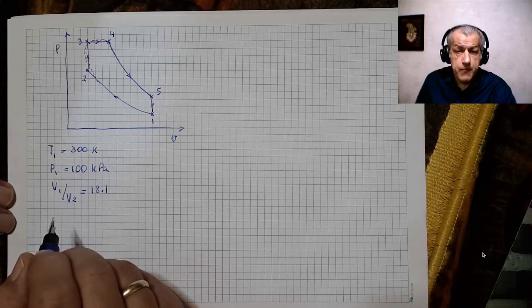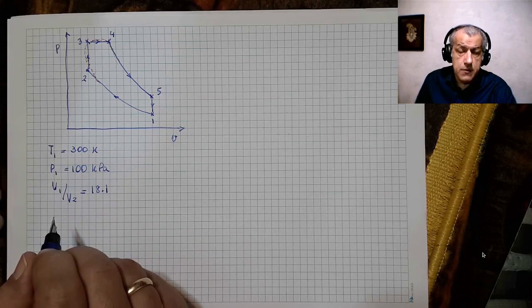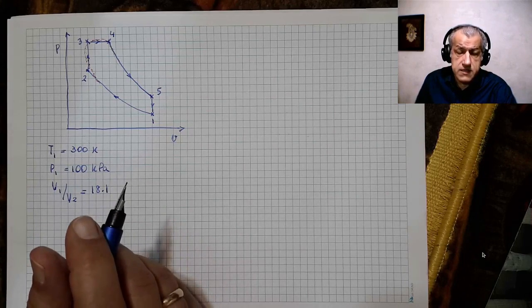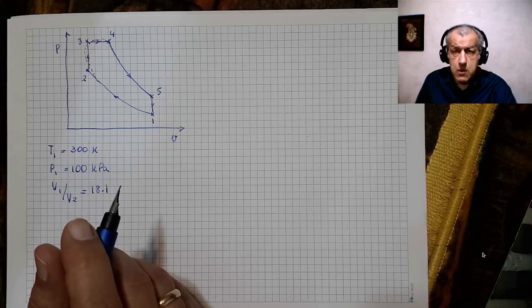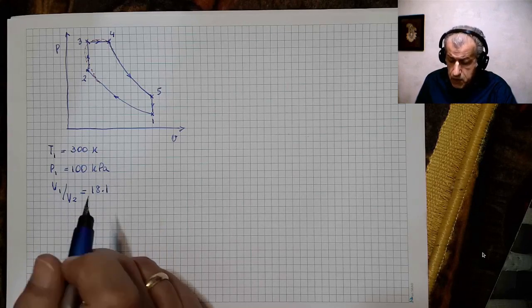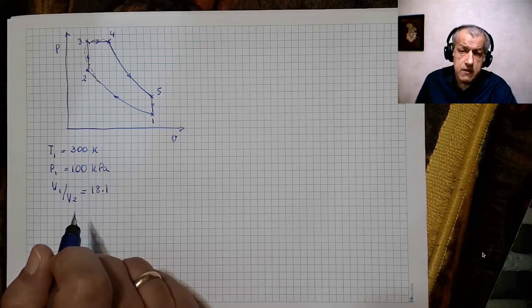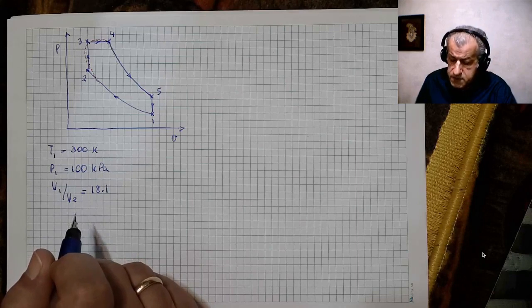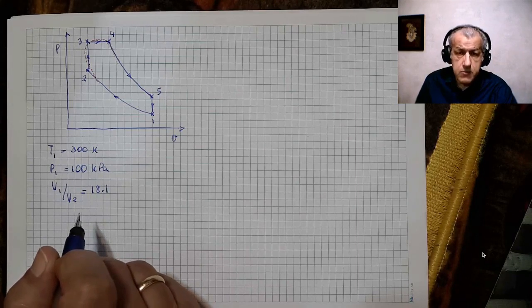For an Otto cycle, this is far less, just to avoid auto ignition, but for a diesel cycle it's about the same value, and it could even be more than that, up to 24, say, but for the time being, let it be 18.1 for our dual cycle.